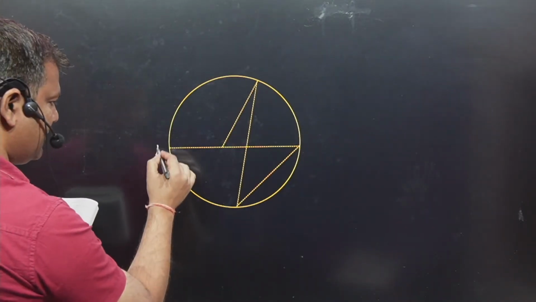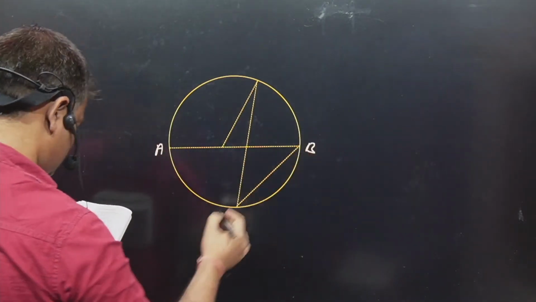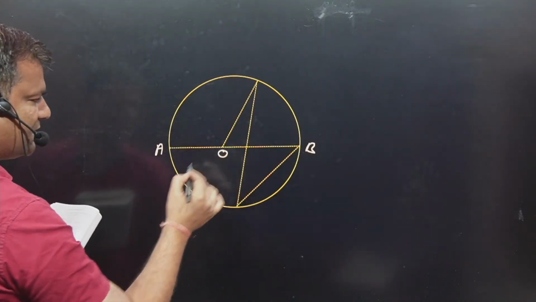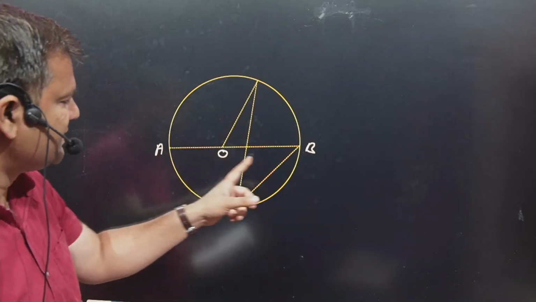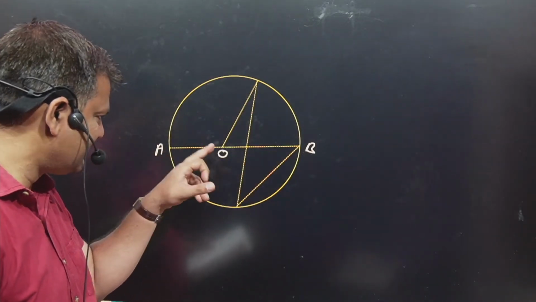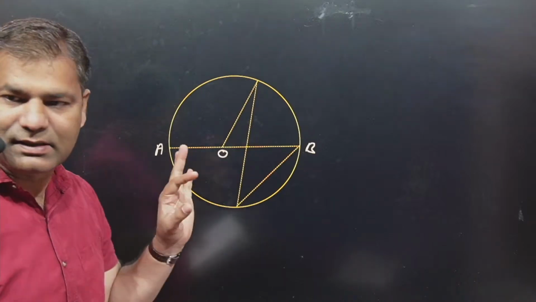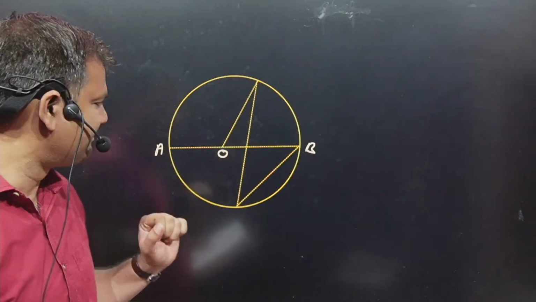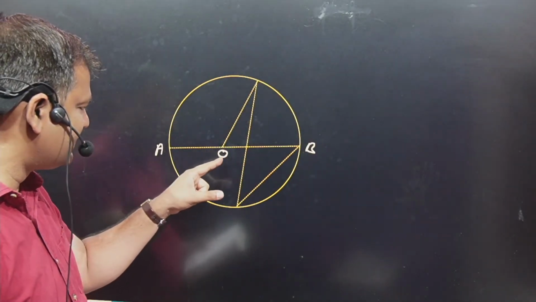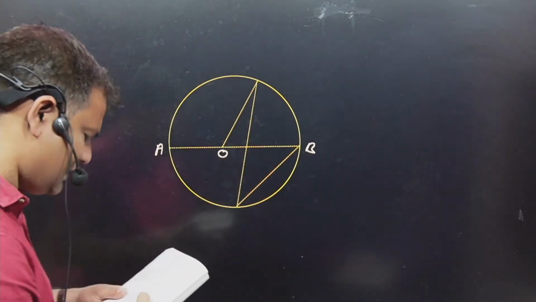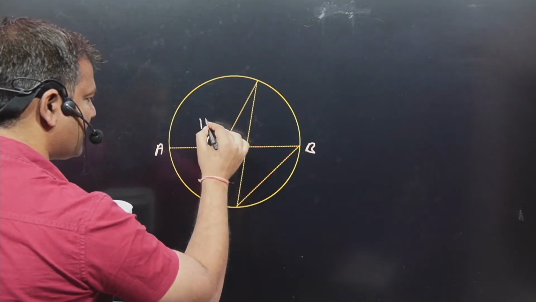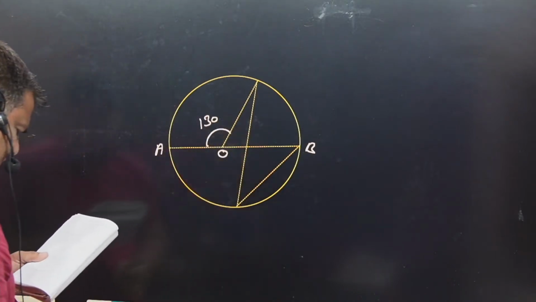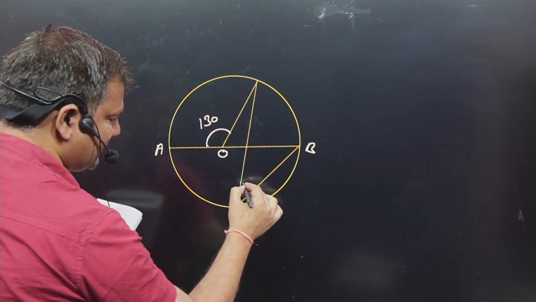And here A, B. And here O is the center of the circle. AB is the diameter. The figure is not correct, but I hope you can understand. O is the center of the circle, AB is the diameter, and that angle is 130 degrees. So what about that angle x?